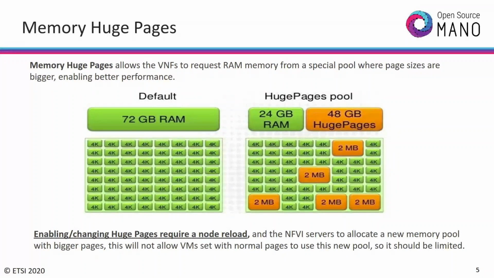By default, the RAM is assigned, distributed in 4K pages. So that's how we access the RAM and look for information. Huge pages applies better for VMs that have a lot of memory assigned.